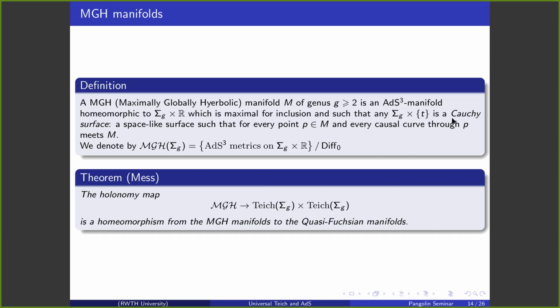But yeah, never mind. So this Cauchy surface, I think it's supposed to be the state of our universe exactly now, say at a given time, right? And in particular, it's space-like because it's supposed to be our environment, right? And it's also required to be a little bit more than that, in the sense that in the ADS manifold that Mess wants to consider, every point in the past should be a cause in the state of our universe right now.